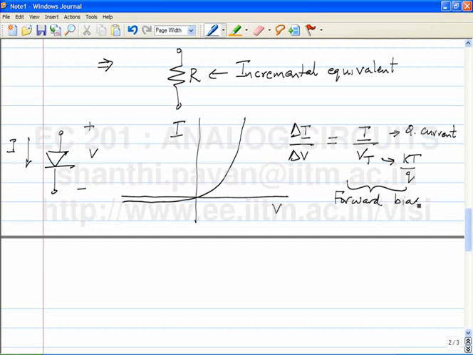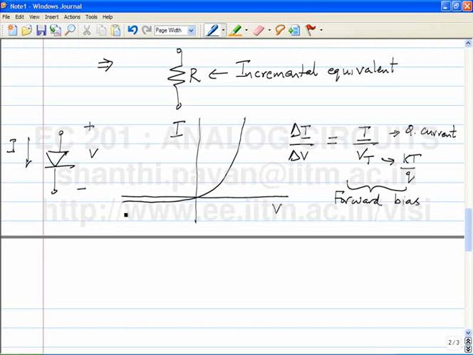In the reverse bias region, what do you think it will be? It's an open circuit, because the current through the diode is a constant. In the reverse bias region, the current flowing through the diode is constant and equal to Is, regardless of the voltage across the diode.